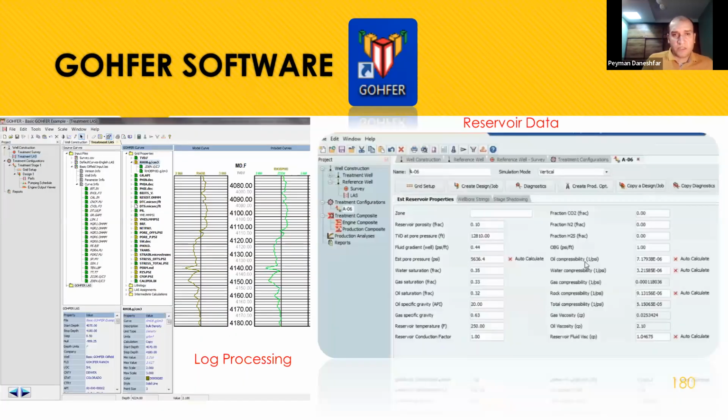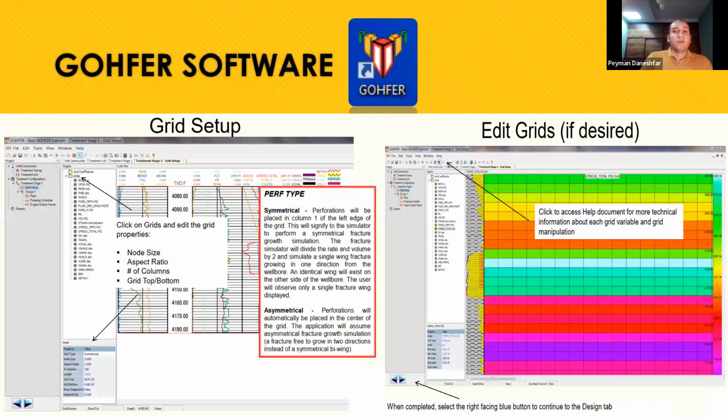After that, you should put in some reservoir data, such as TVD, pore pressure, water saturation, and oil saturation, and you can also load logging data from the LAS file.